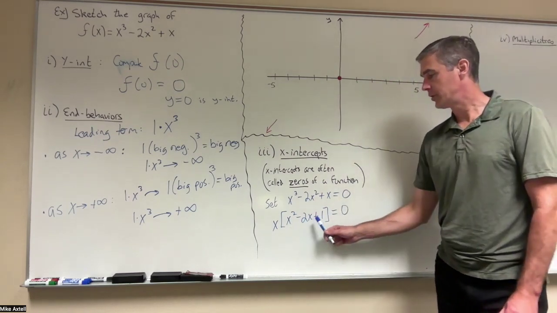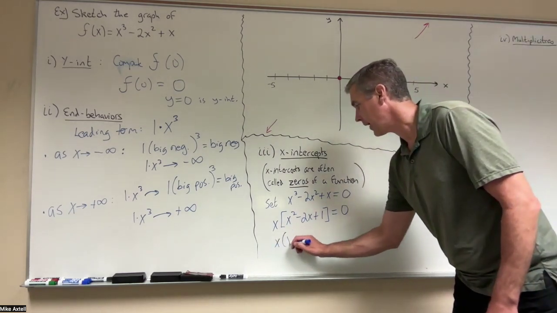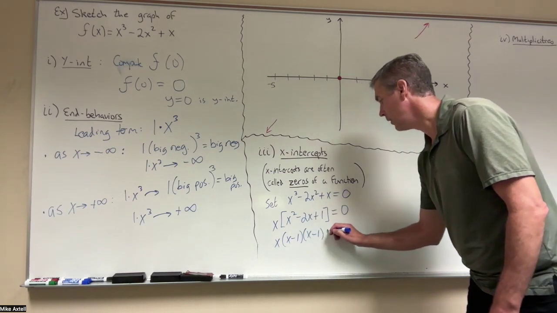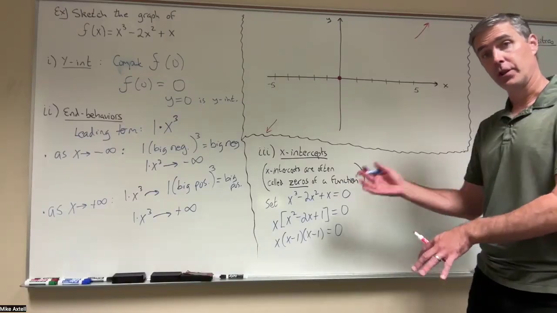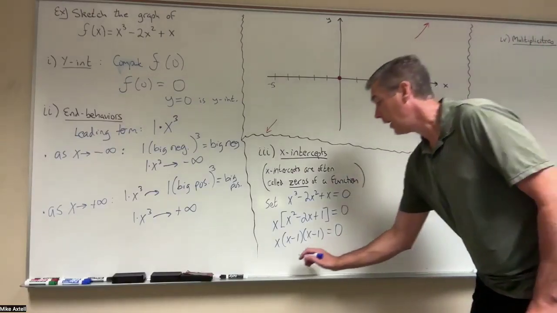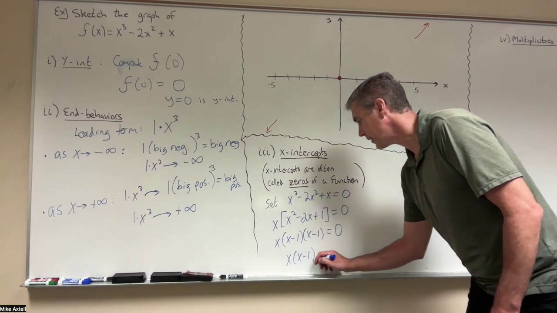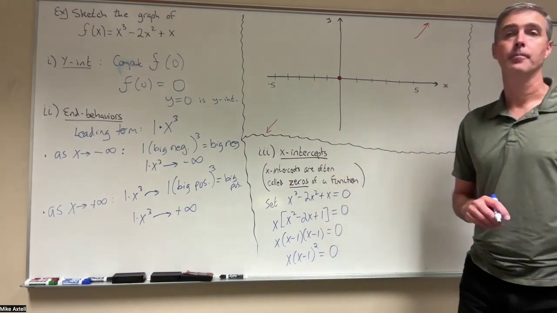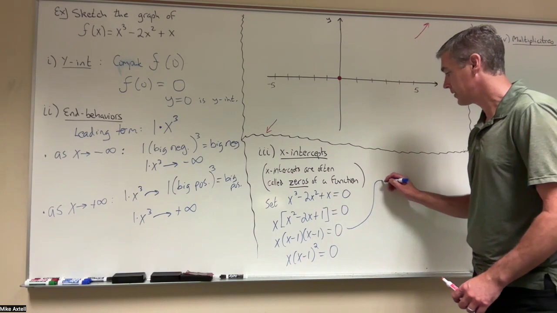And x squared minus 2x plus 1 factors rather nicely into x minus 1 times x minus 1, which equals 0. I'm going to go one further step, which I'll need for the multiplicity step. I'm going to rewrite that as x times x minus 1 squared equaling 0. Now, let's get my x values out of this.